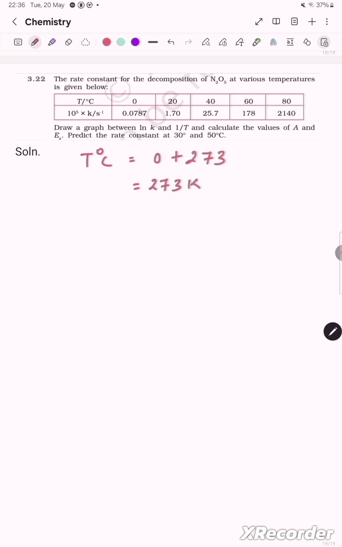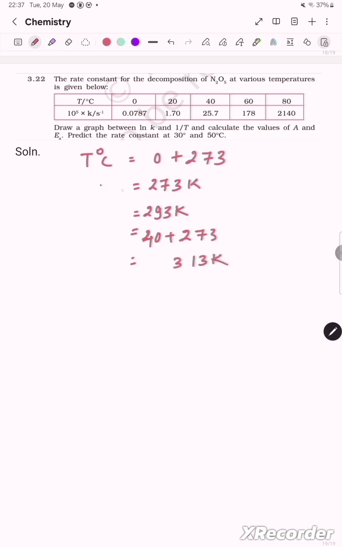Now next, 20 plus 273 becomes 293. The next temperature is 40 plus 273, that is 313 Kelvin.